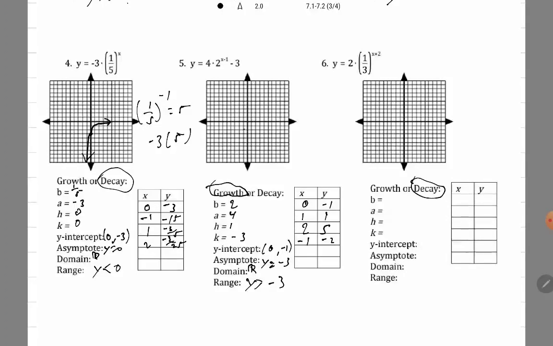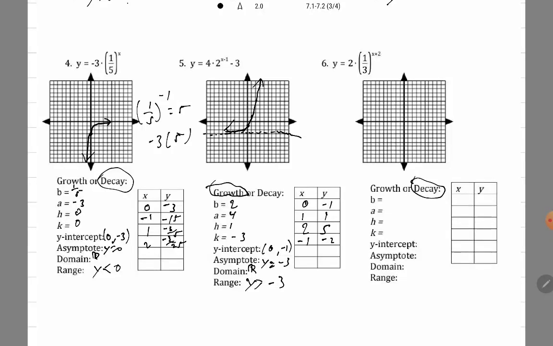Negative 1, negative 2, 0, negative 1, 1, 1, 2, 5. So we get something that looks like this. So it's always approaching this dashed line, which is y equals negative 3, but it never touches.